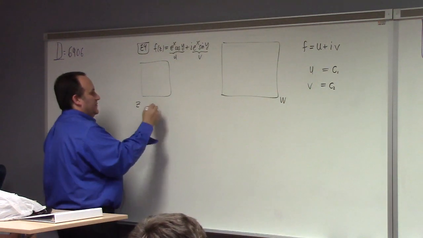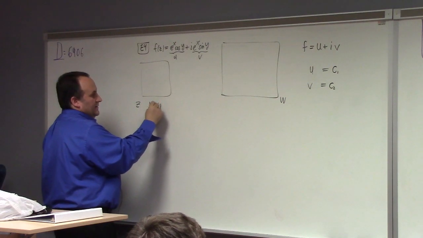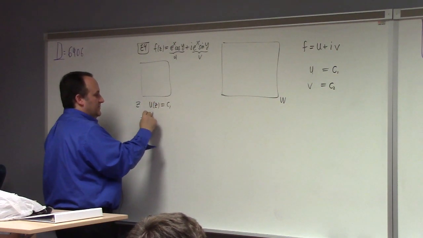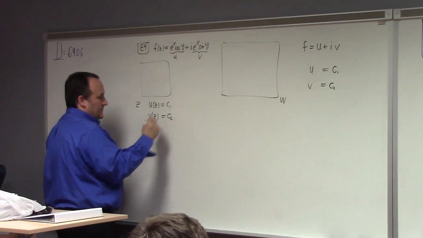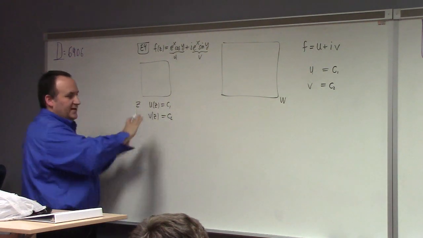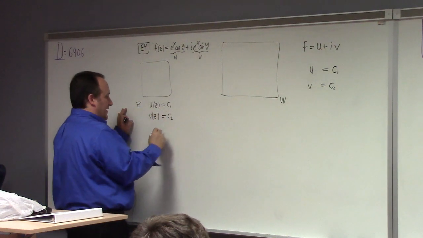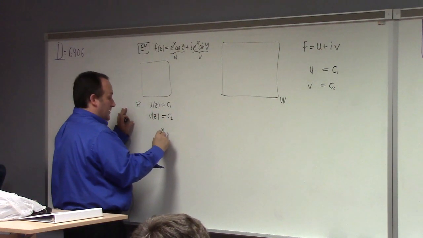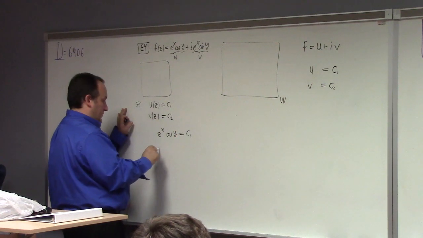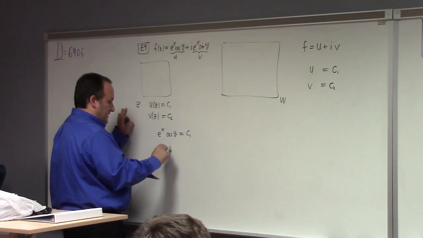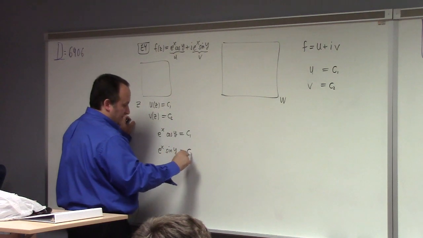On the other hand, over here, we can also look at u of z equals c1, v of z equals c2. So in the Z plane, I would think of these equations as e to the x cosine y equals a constant, or e to the x sine y equals a constant.